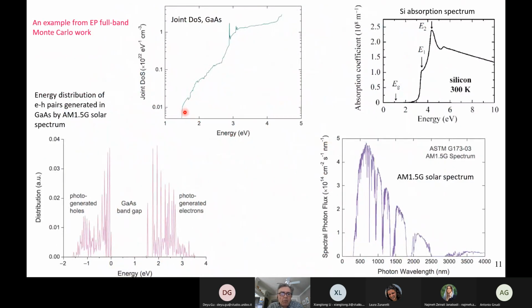The absorption spectrum looks very much like it. So there is a sharp threshold for absorption. It's a direct gap material, so it's very sharp. It occurs roughly at the gap. And then it follows whatever is the density of final states that are available in the valence band and the conduction band in vertical transitions. This is very much like the absorption spectrum registered experimentally.